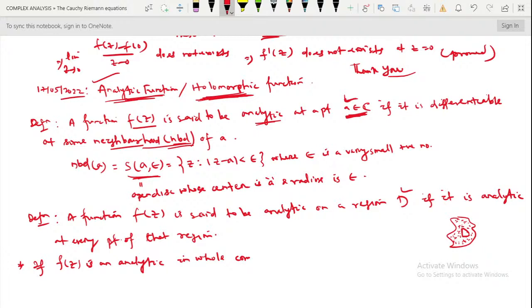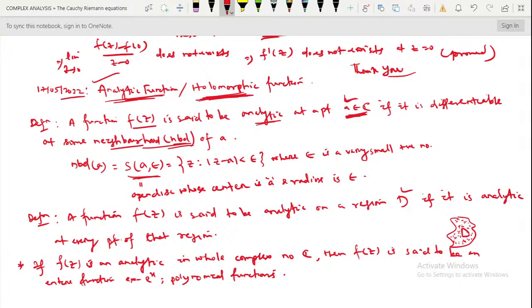Then f of z is said to be an entire function. e to the power z, polynomial functions, these things are analytic everywhere, so these are entire functions. That means they are analytic everywhere in C.